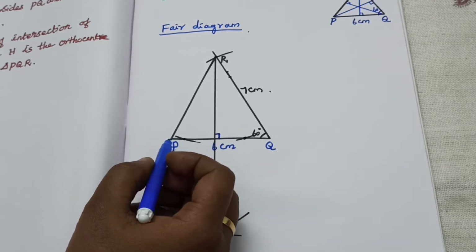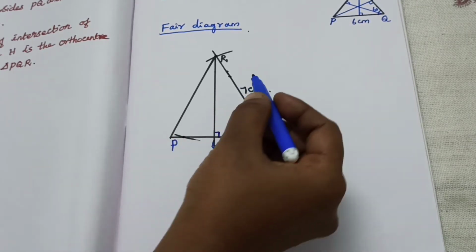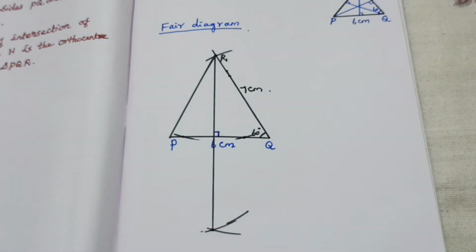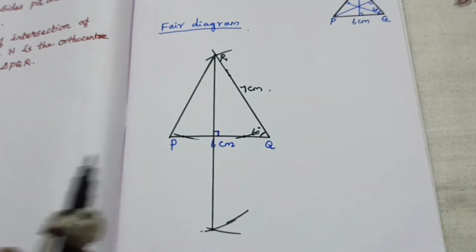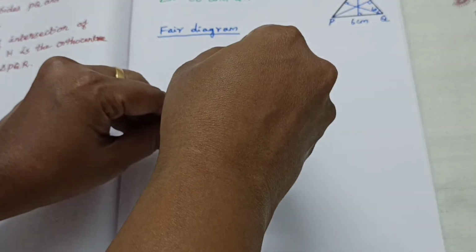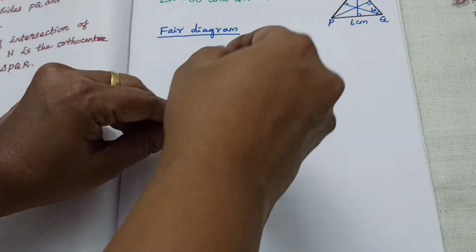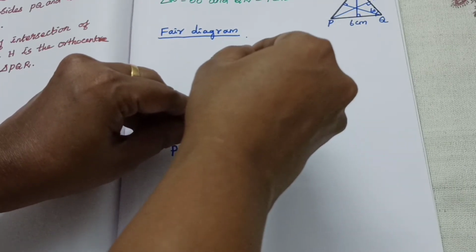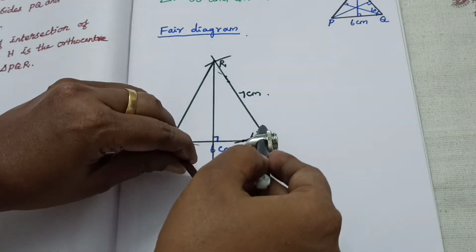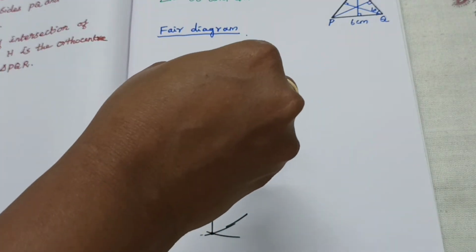Shall we take from vertex P? From vertex P. Then opposite side have to draw two arc. Okay. And extend. And it is coming outside. So reduce some. Clear?